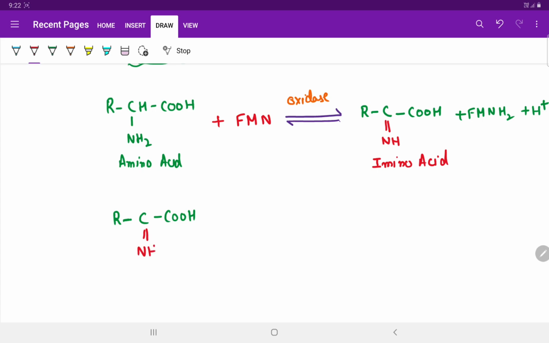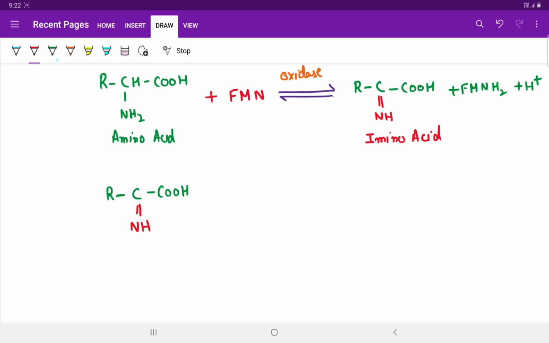Now this imino acid will be hydrolyzed in presence of water to form an alpha keto acid and liberates an ammonia molecule. So this imino acid in presence of water undergoes spontaneous degradation, spontaneous hydrolysis, and it liberates the alpha keto acid here.